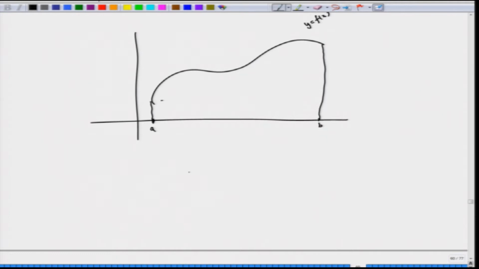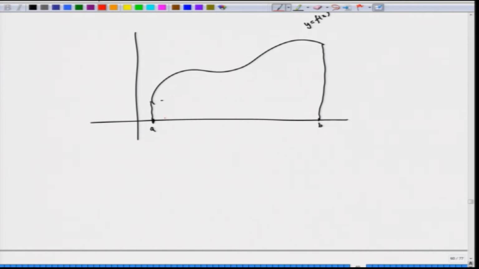How am I going to calculate the area? What we know from a very early stage is how to compute the area of rectangles. So, let us try to use our knowledge to find the area of this region.